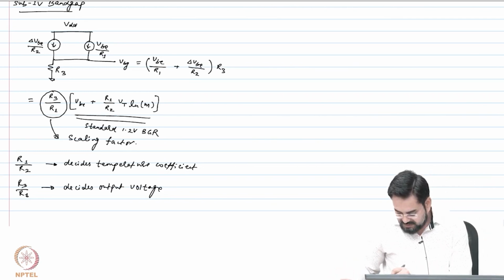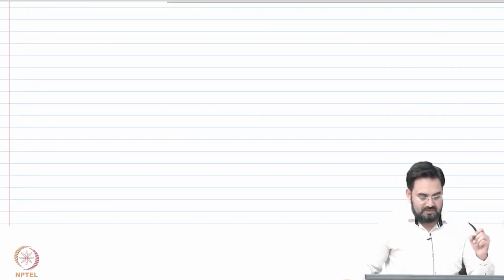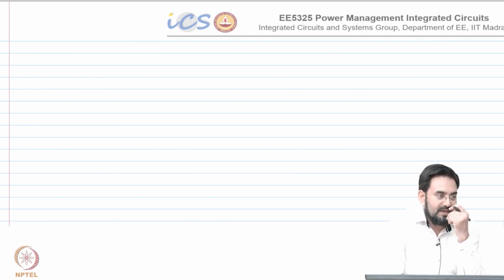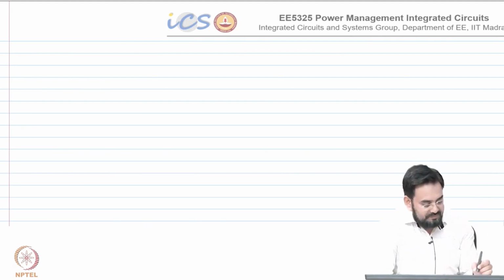So, how do we do this? Let us see how we design it. So, delta VB by R we already did, we know how to do it. So, what do you require?